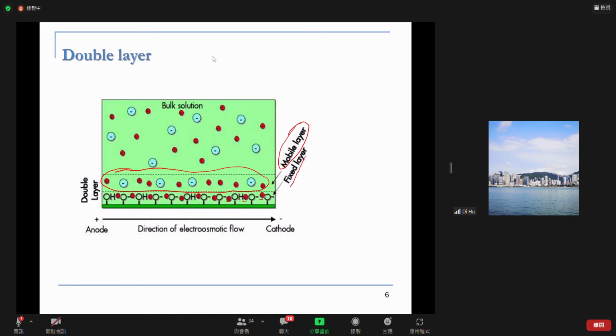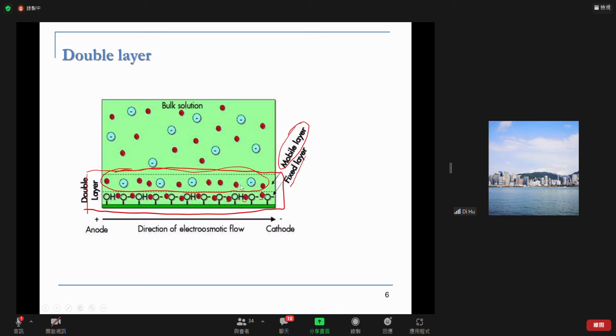Because overall, this double layer needs to be neutral: in these two layers, the amount of cations should equal the total negative charge on the wall. They have to neutralize it.